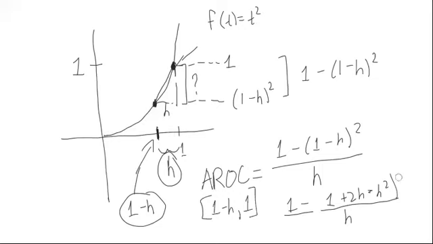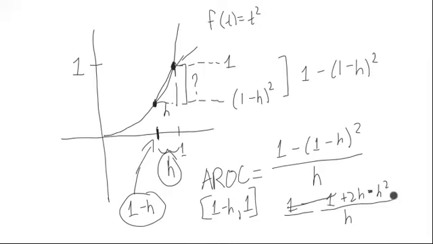Notice that those ones cancel out, and this is 2h minus h squared over h. You could factor an h out of the top and cancel the bottom, or just divide h into each term individually, or think about this as 1 over h times this quantity, which distributes to each part and cancels accordingly.